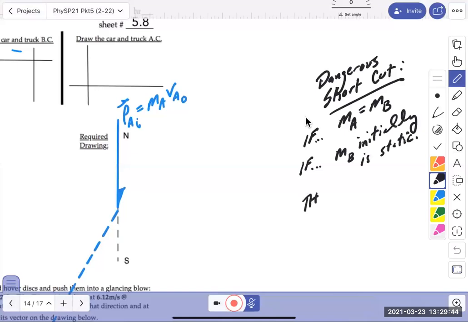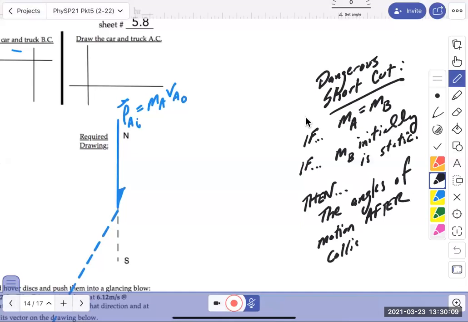Then, if those two conditions are met, then the angles of motion after collision are complementary, not congruent. They're complementary.